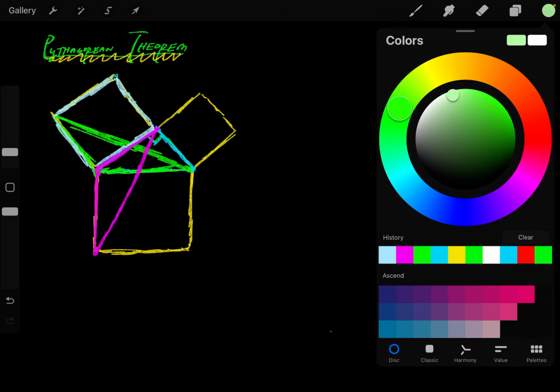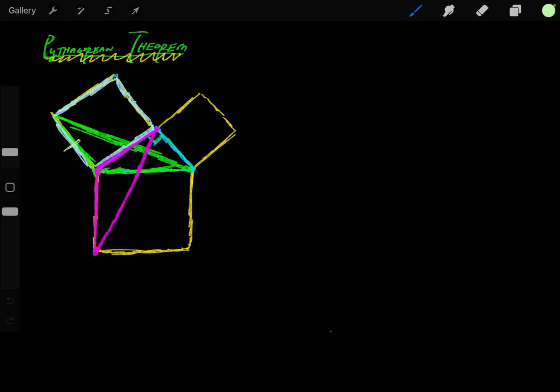So this side right here is the same as this side right here. But this side is in that purple triangle, and this side over here is in that green triangle. So you want to pick up the purple triangle and turn it a little bit, and if you're careful, you'll see that it'll map perfectly onto the other one.